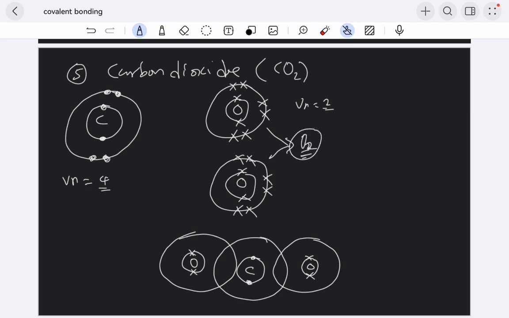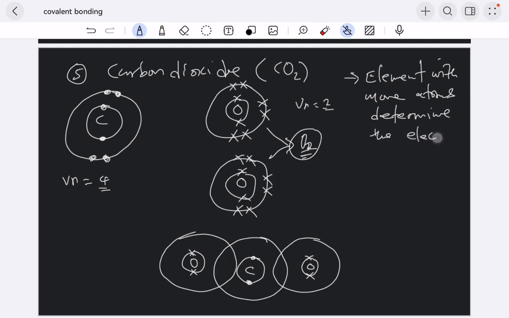So in this case, the element with more atoms determines the electrons to share. So in this case, oxygen will determine.